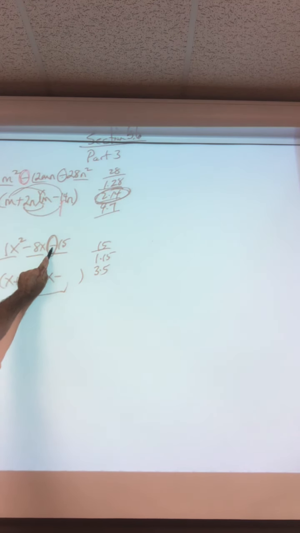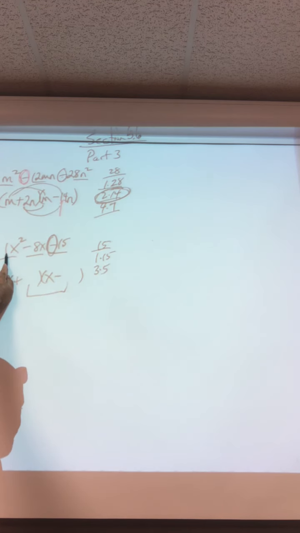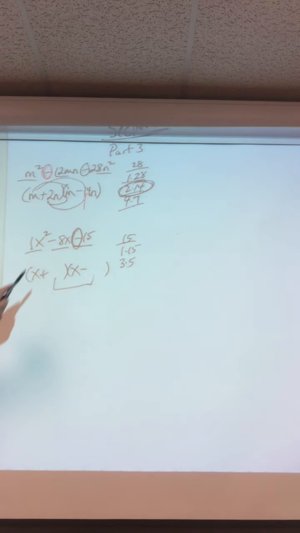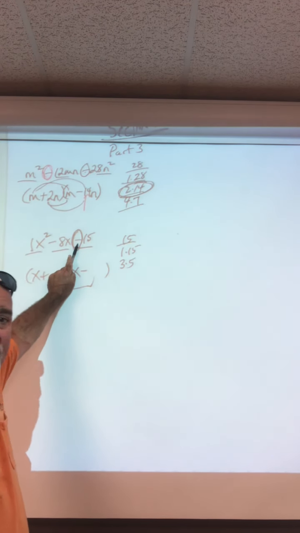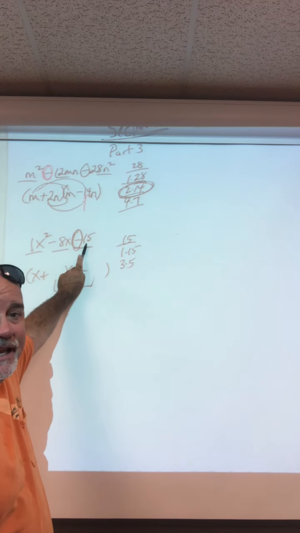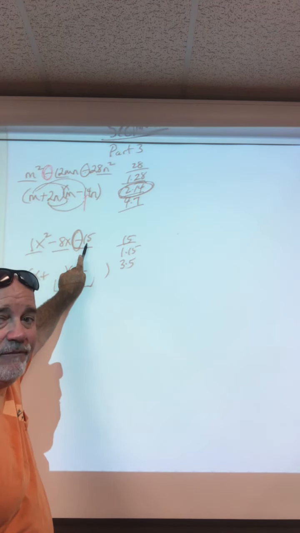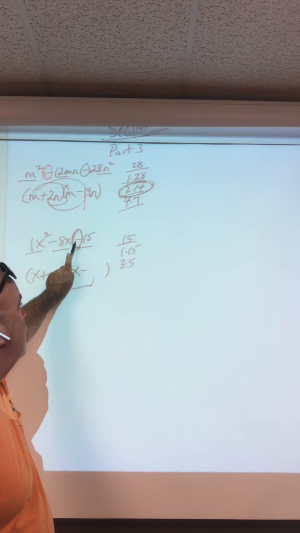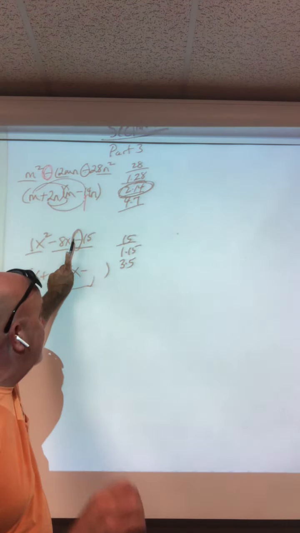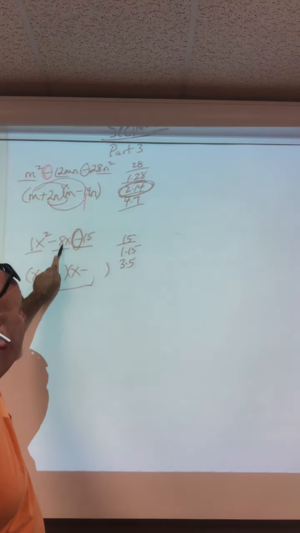This sign right here tells you whether you are adding or subtracting in the problem. And that's why I tell you to watch how I point to it every time I do this. I need two numbers that multiply to give you 15. But when you subtract them, not add, subtract, you get 8.